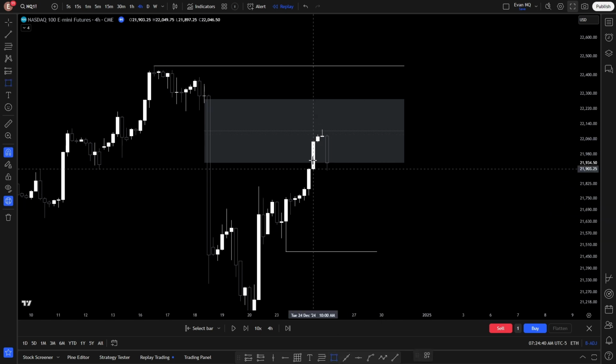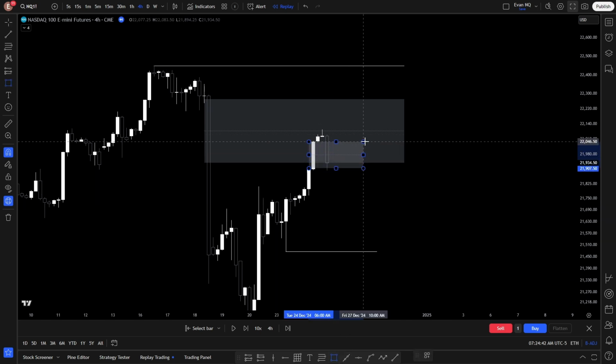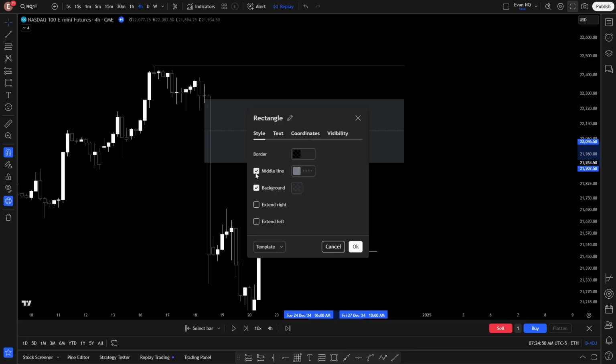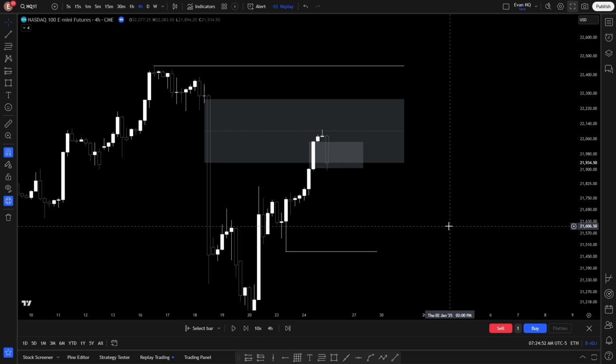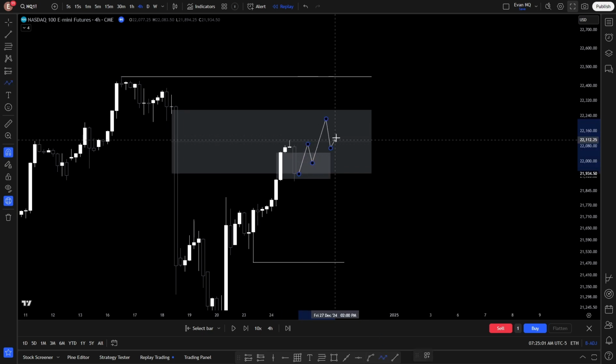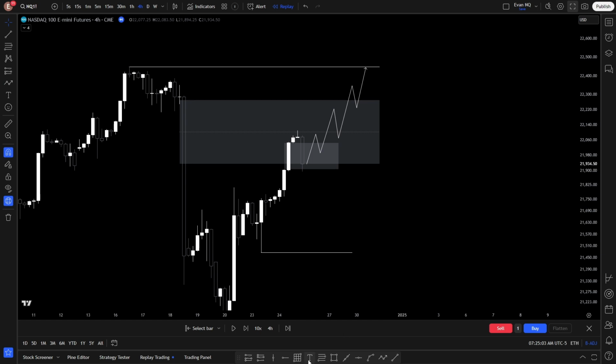We have this bullish 4 hour fair value gap that price is currently in, and here's how I look at this. If we are bullish, I want to see this hold. I want this to just be a retracement, right?